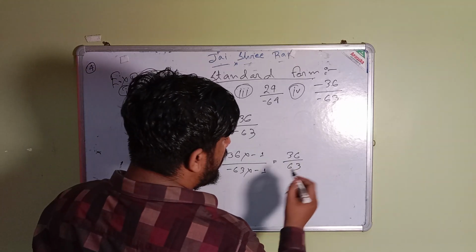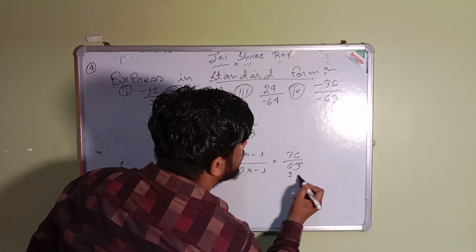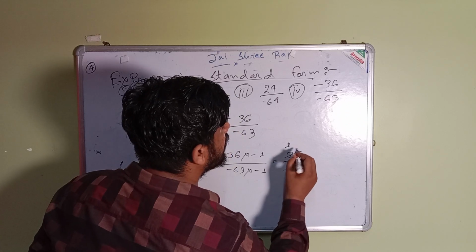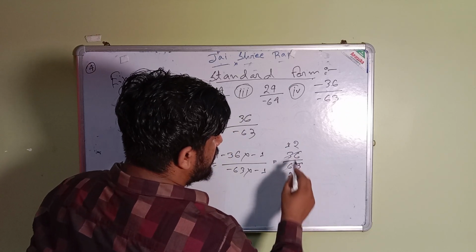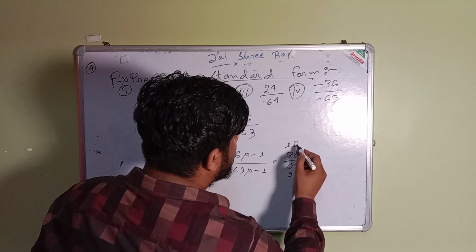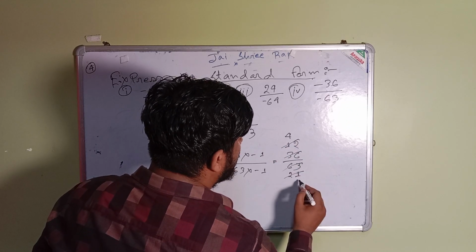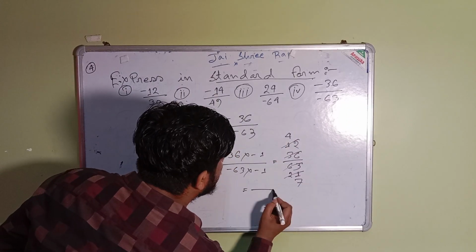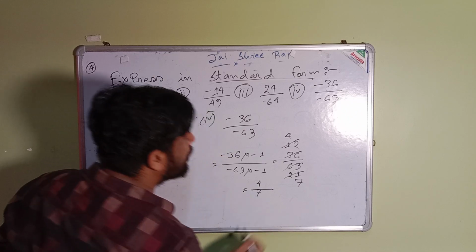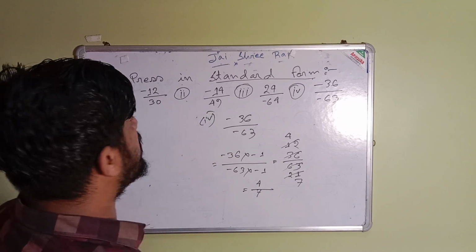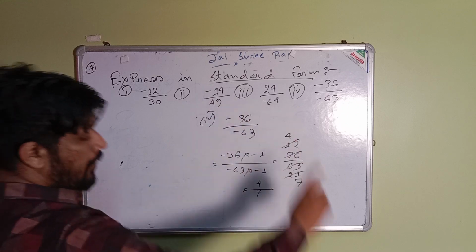Is it divisible by any number? Yes, it is divisible by 3. 3 ones are 3 and 3 twelves are 36; 3 ones are 3 and 3 twenty-ones are 63. Is it divisible further? Yes, 3 fours are 12 and 3 sevens are 21. So the answer is 4 by 7. Hope you have understood expressing in standard form, numbers 1, 2, 3 and 4.